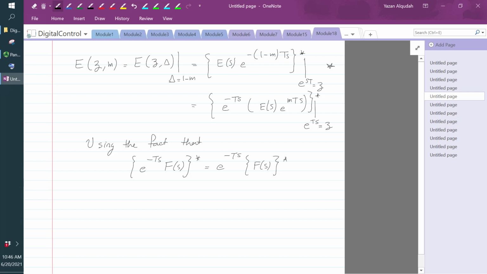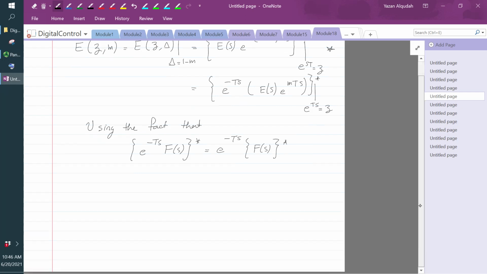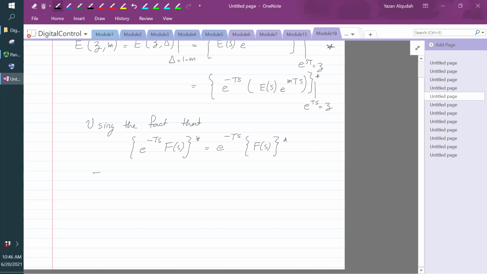And therefore we can rewrite the expression above as the following: E of z comma m is equal to e to negative T s multiplied by E of s e to m T s, star, and e to Ts is equal to z.